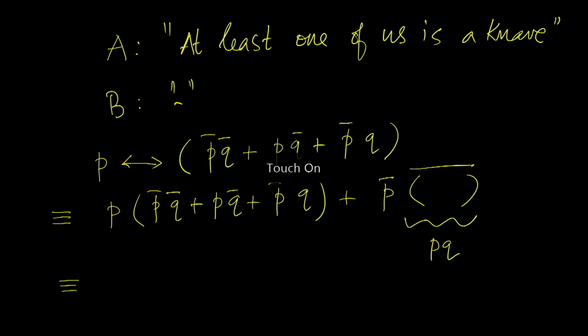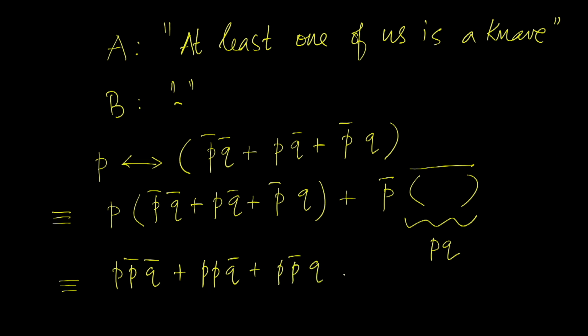Therefore, this expression reduces to P P bar Q bar plus P P Q bar plus P P bar Q plus P bar P Q, which is 0 for the first expression, PQ bar for the second, 0 for the third, and 0 for the fourth.